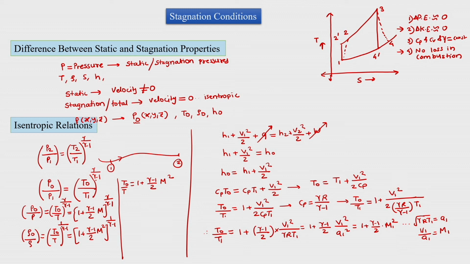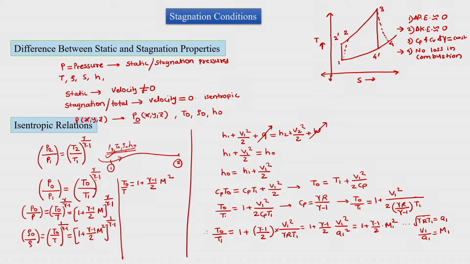So if we know the Mach number at location 1, we can put that value over here, and then we can calculate P naught, T naught, rho naught, H naught and all the quantities which are required at station 1. This is what we call the stagnation condition and the stagnation condition relations.